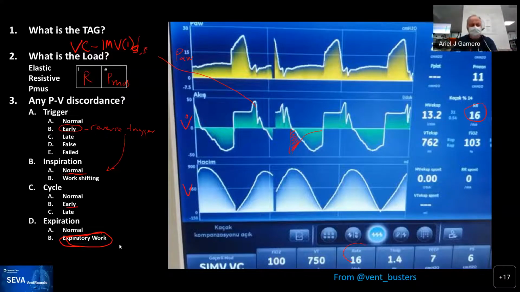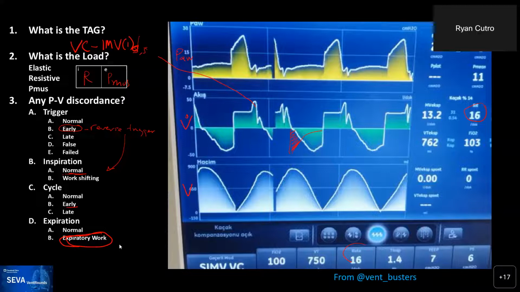But all volume control on this GE ventilator is IMV DD, correct? Or is this the one that is not the spontaneous breaths? Well, there is no spontaneous breath, so it would be CMVD because it's not flow cycled. Right, it's time cycled.